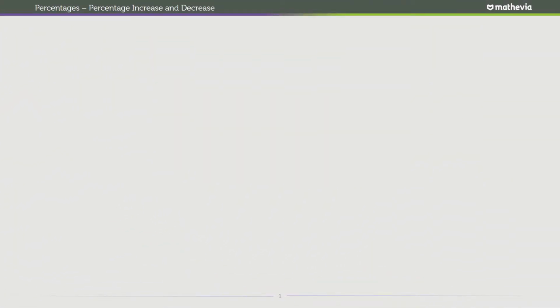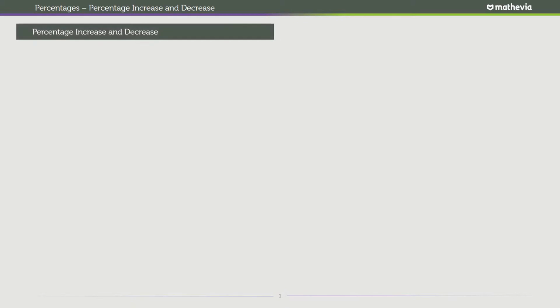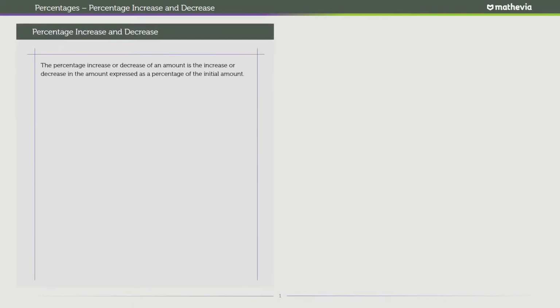Percentages, percentage increase and decrease. The percentage increase or decrease of an amount is the increase or decrease in the amount expressed as a percentage of the initial amount. Let's use the discount example again.